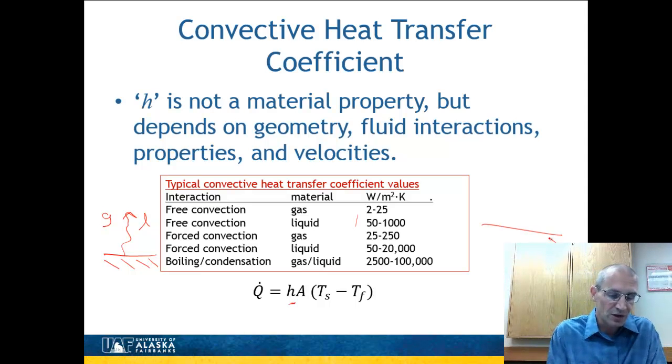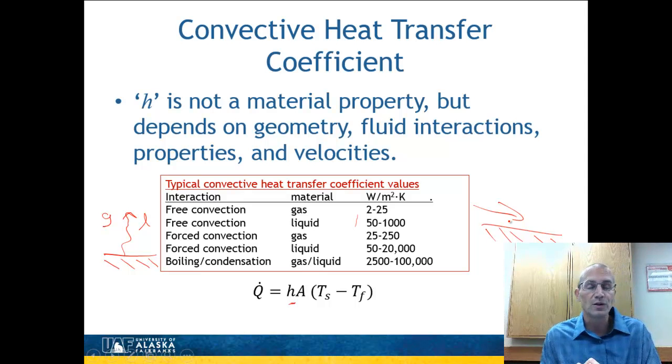Now, in forced convection, as you might not be surprised, would be when we're actually forcing the fluid across. So, for example, if the wind was blowing or water was flowing across it. This is a better way to move heat through, and we realize that forced convection values are even larger. The largest rates of heat transfer coefficient happen when you actually have boiling or condensation occurring.